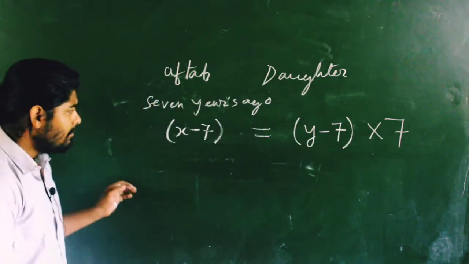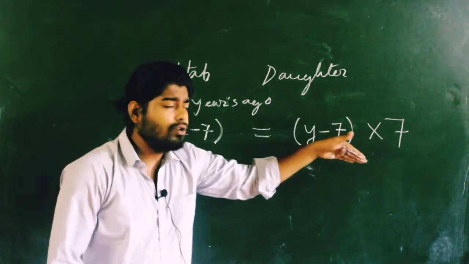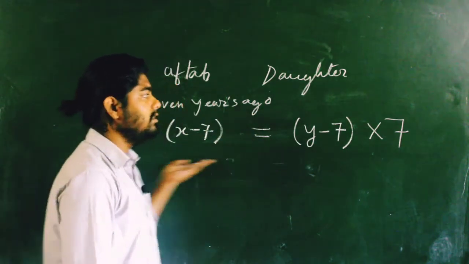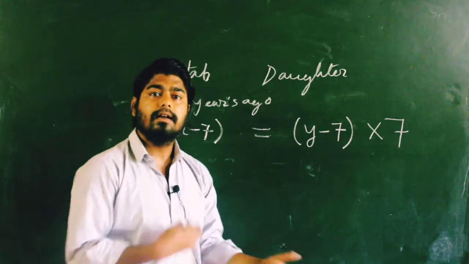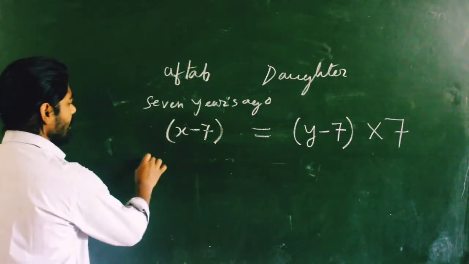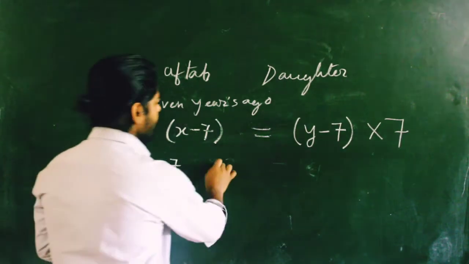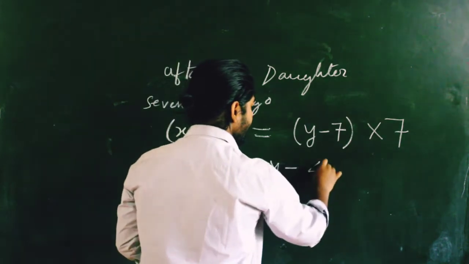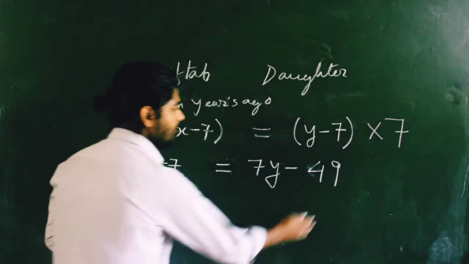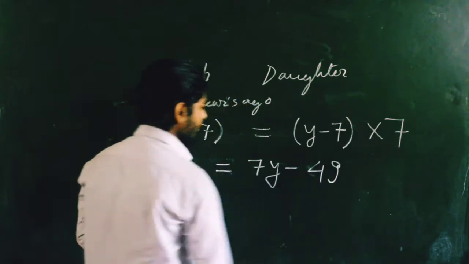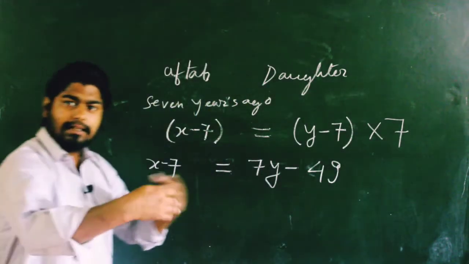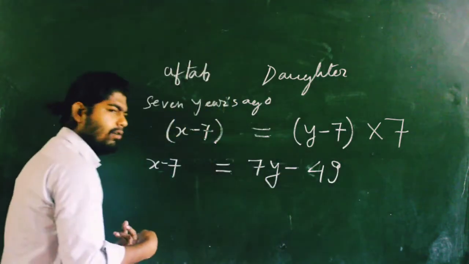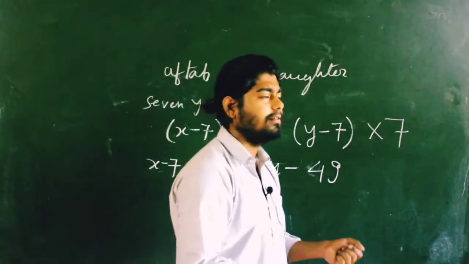Now we shall proceed to represent this graphically and algebraically. This is the algebraic form only, but you have to deduce it in the correct form. So we have x minus 7 on this side, and on this side you have 7y minus 49. Now you will take the variables to one side; it's up to you, you can take the whole thing to one side and put 0 on the other side.